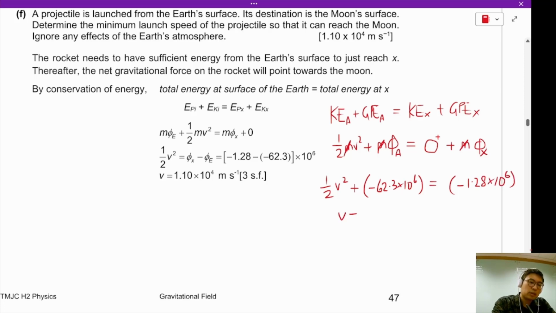From this we get v equals 11.0 times 10 to the power of 3 meters per second. You can see that the velocity at which we need to launch the object is quite close to escape velocity. For us to reach the moon, it needs to have this amount of speed at the beginning.